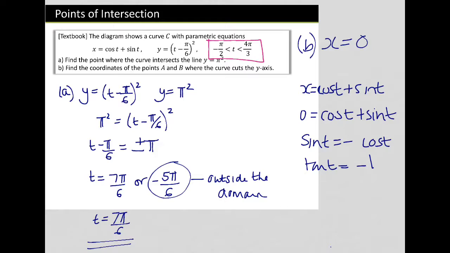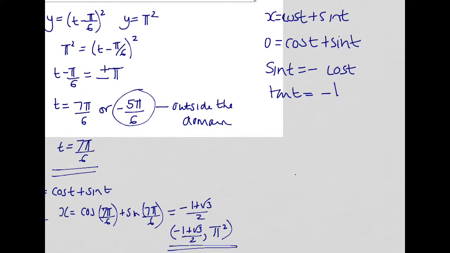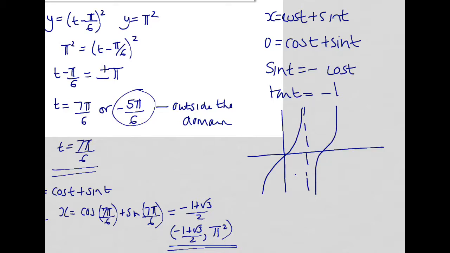So if tan t equals negative 1, this is where you now need to think of your tan graphs. So let's think about negative 1.